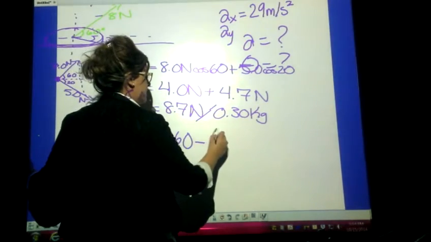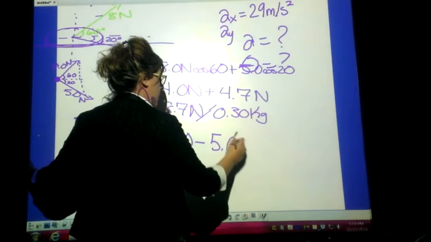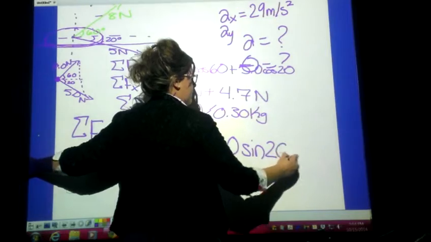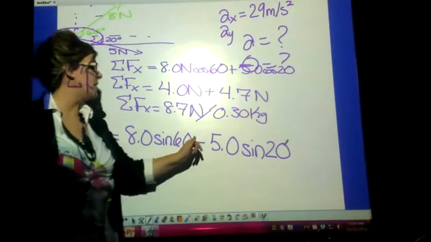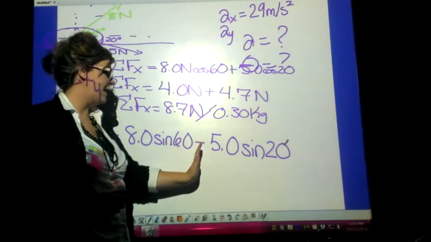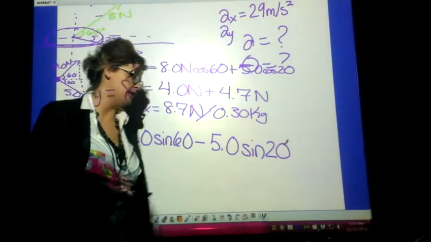So then minus 5 sine 20. Okay, so this is the one where you could have done plus 5 sine negative 20, or we could just do a minus 5 sine 20, okay?